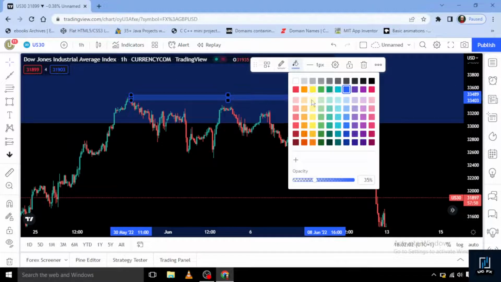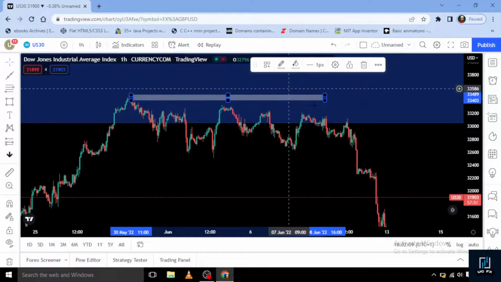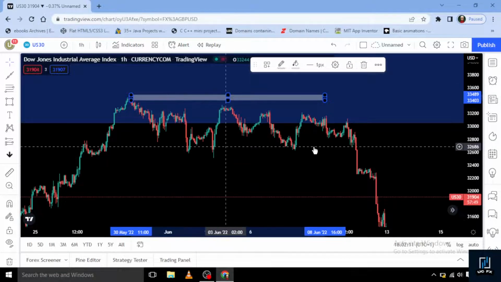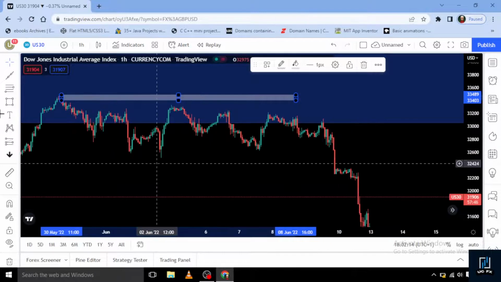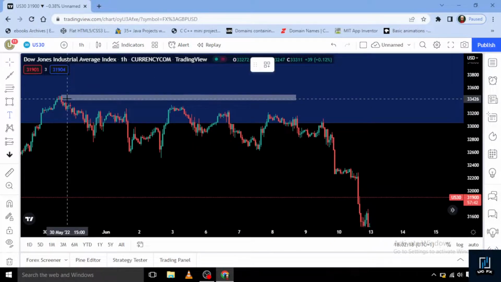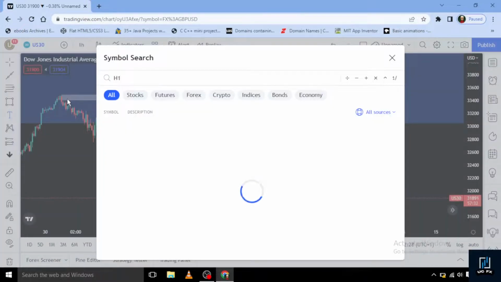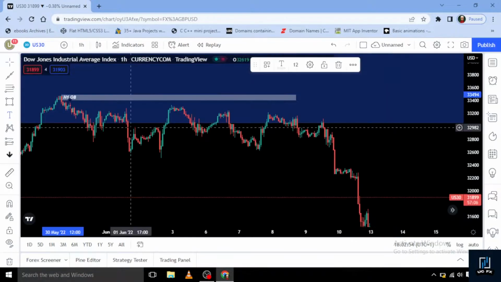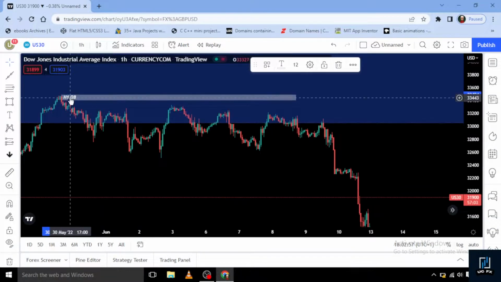So let's change the color to maybe white. Yeah. So after that, you need to mark out the H1 order block as H1 OB. So we have our H1 OB here.